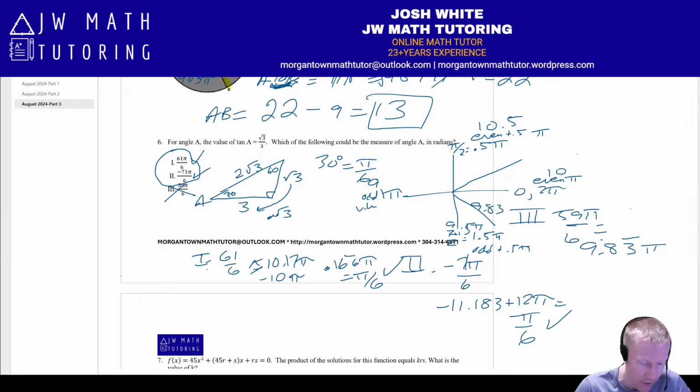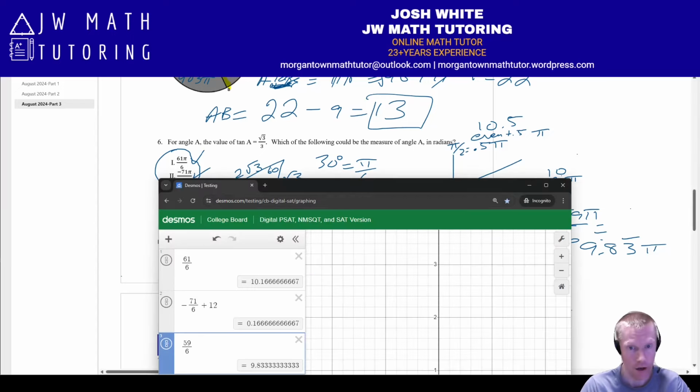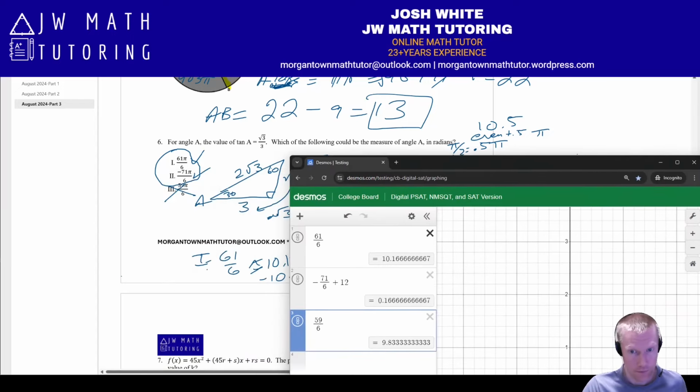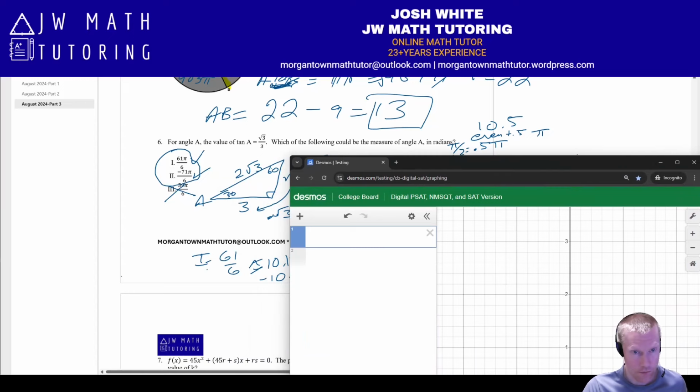Now, that took a little while to explain, and it might be too difficult for you to understand, and that's completely fine. So here's possibly a quicker, easier way to solve this entirely in Desmos. All right, we know that the tan of the angle A is root 3 over 3.